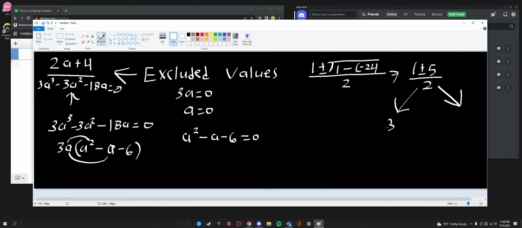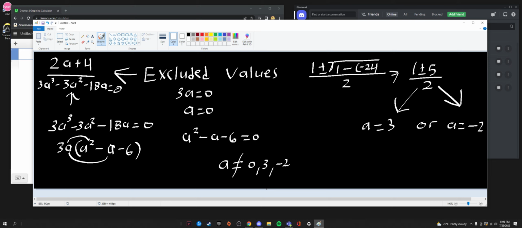Remember this is finding excluded values. Since these are on the denominator, even though these are the roots of our function, since they equal 0 on the denominator, we cannot have a equal to this. So a cannot equal 0, 3, and negative 2.